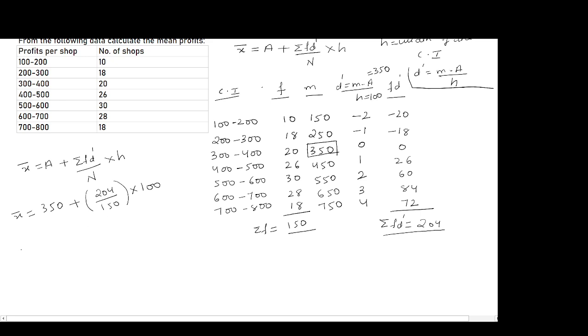So write 100 here. So x bar is equal to, keep this 350 as it is, plus 204 divided by 150 is 1.36 into 100 as it is.